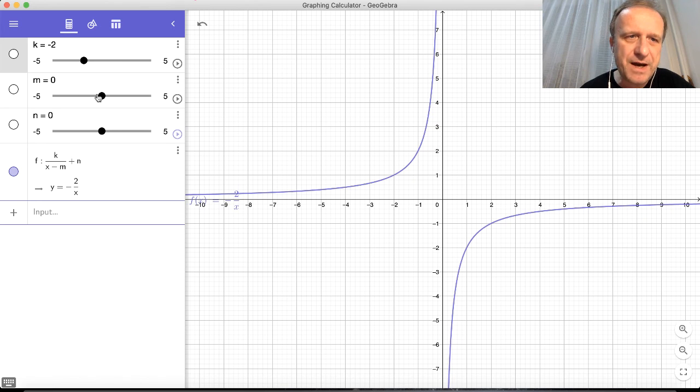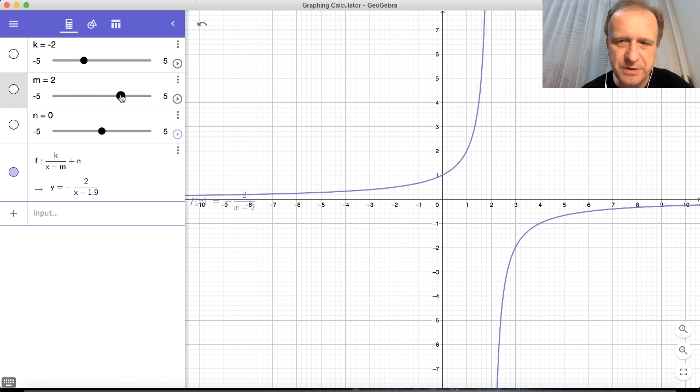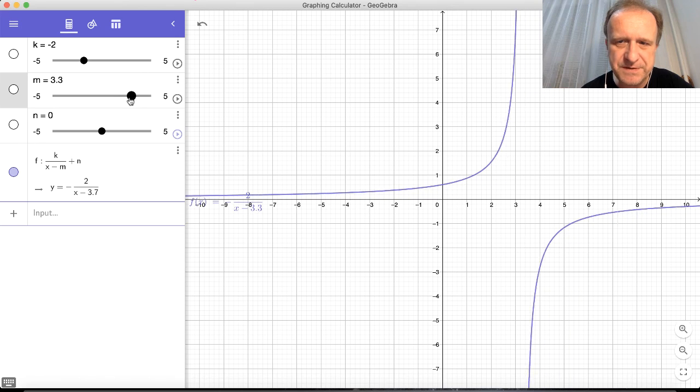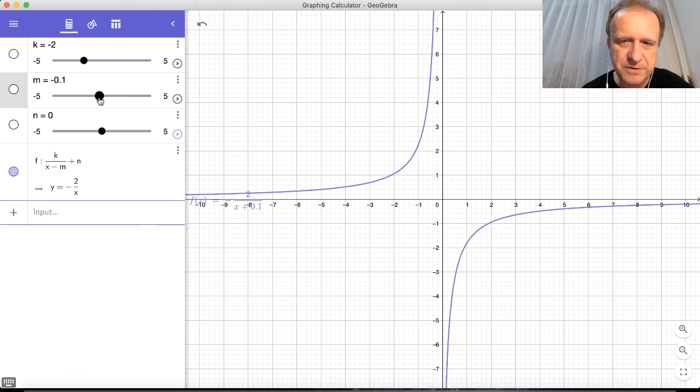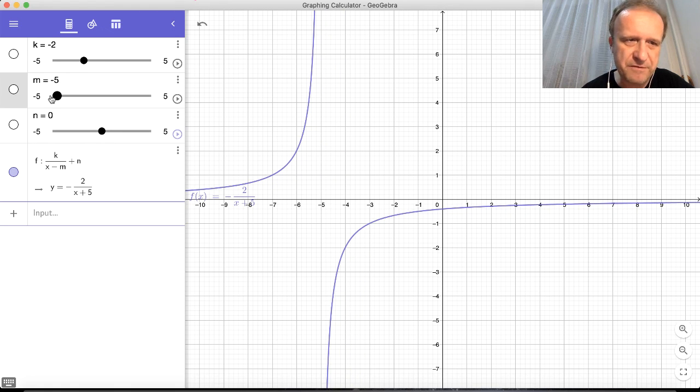Now, when I tweak the values of m, when it's increased, the entire function translates to the right. When m is decreased, it is translated to the left, even like this, m is -5, for example.